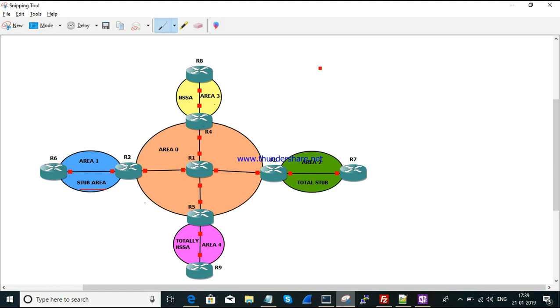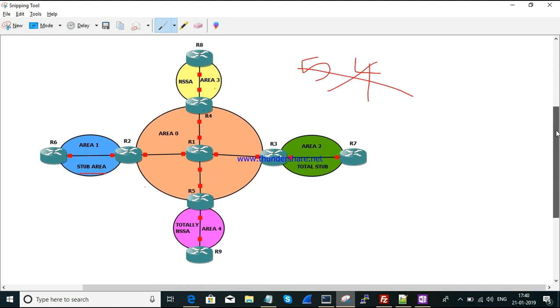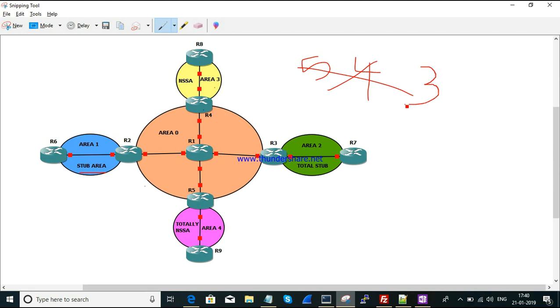Stub blocks type 5, type 4, and then redistribution and ASBR are blocked in a stub area. So what does totally stub do? Additional to type 5 and type 4 LSA, it blocks type 3 LSA also.